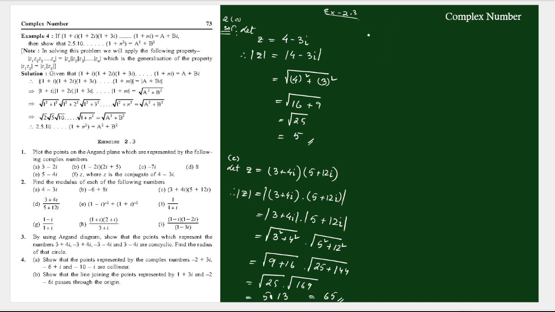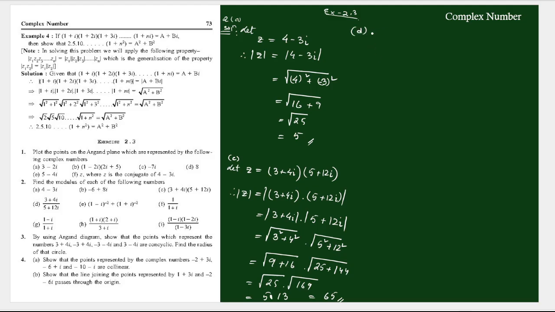Then let's do D. Will you be able to do it? Okay, I will show you number D. Oh, see here, this is minus 3i.